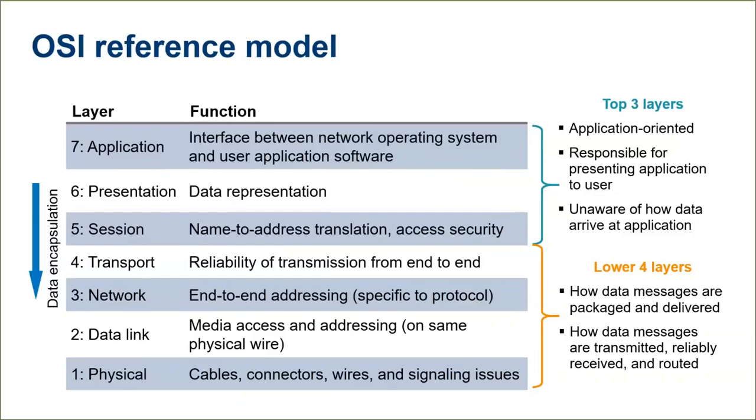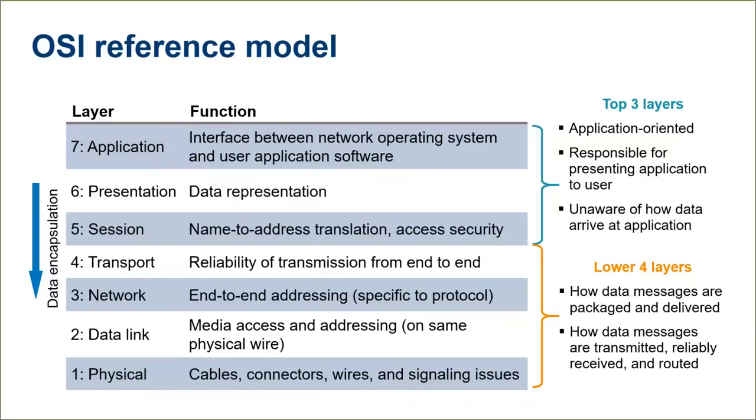below. If we start looking at the top, we have the application layer. It manages programs' requests that require access to services provided by a remote system, such as Telnet or FTP, for example.